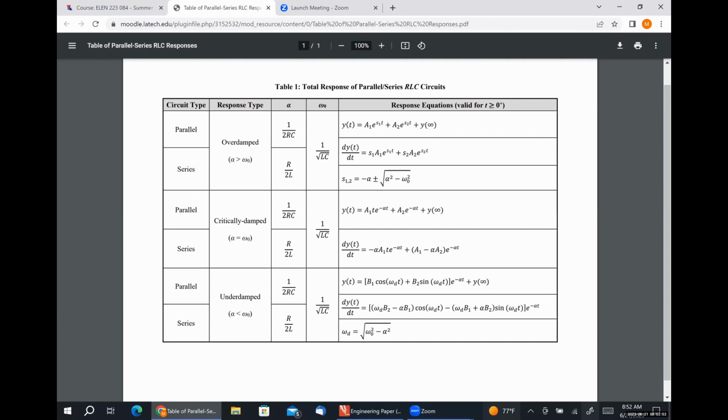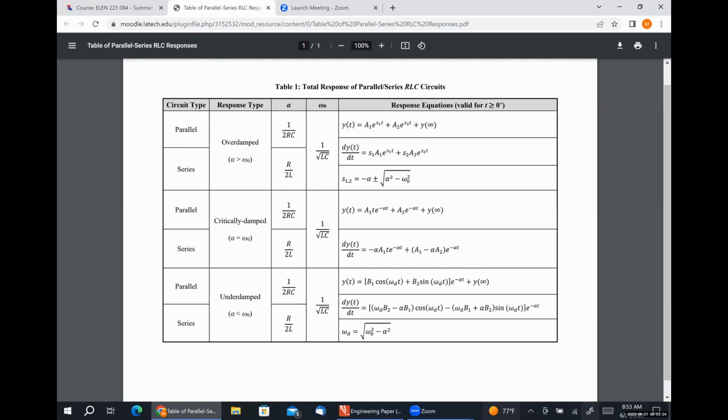Okay, so if we have an overdamped circuit and it's parallel, alpha is given by 1 over 2RC, omega naught is given by 1 over root LC. I gave us the expression for y of t. I also included the y at infinity term, so I'm making the assumption here that we have a total response problem. If we don't, the y at infinity term goes to 0.